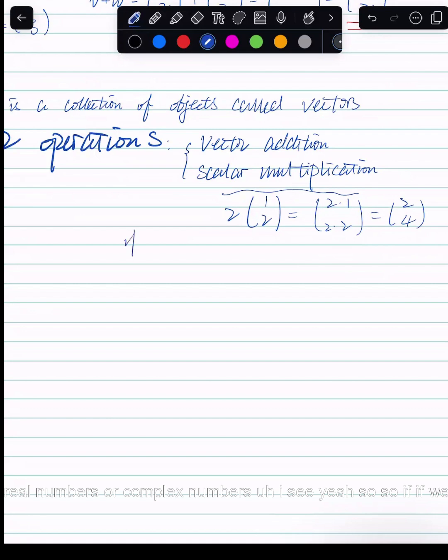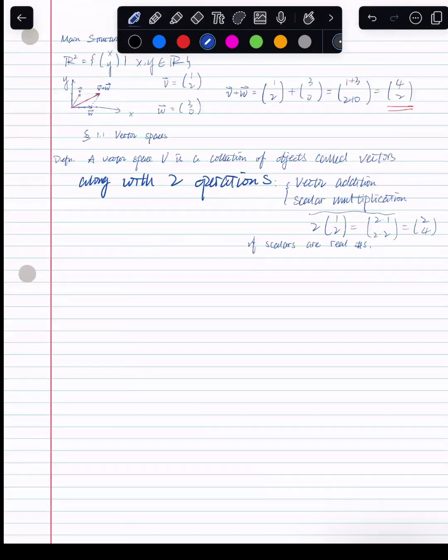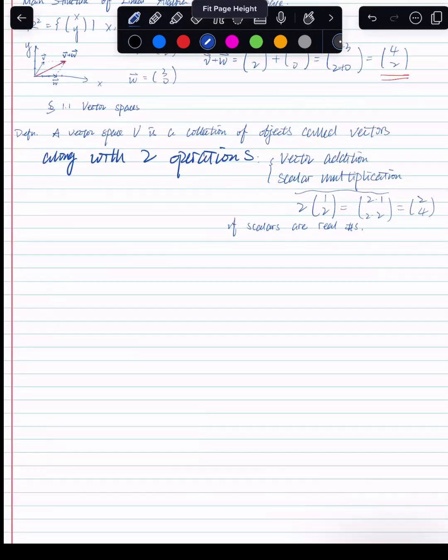So if we define scalars in the real number space, then our vector space would be a real vector space.